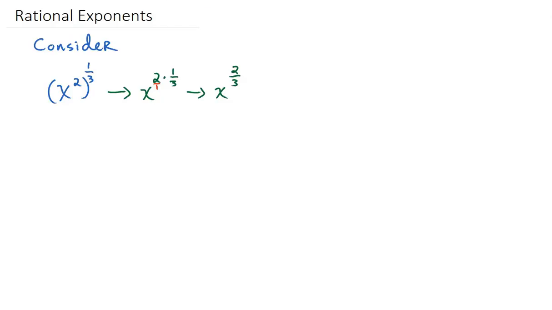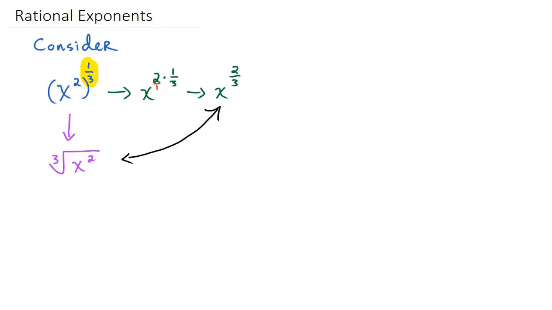Now, if I take a different route on this problem, and I just consider this 1/3, what we've seen is that it corresponds to a cube root. So if I just go straight to applying that instead of multiplying exponents, what I would get is the cube root of x squared. What I'm trying to illustrate with this is the connection between these two expressions.